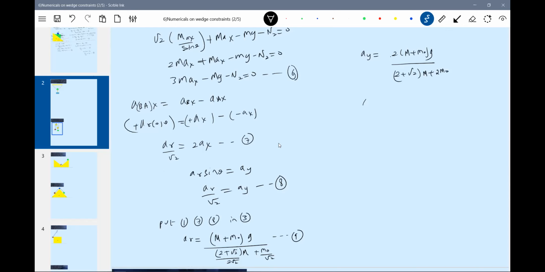AX is very simple. AX equal to AR by 2 root 2. Again, we have to simplify it. The same thing will come. This will be m plus m naught g.